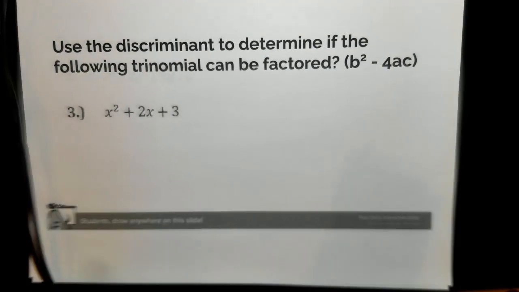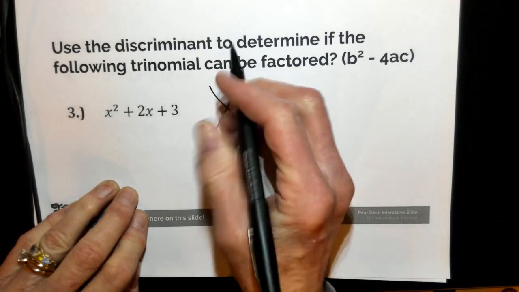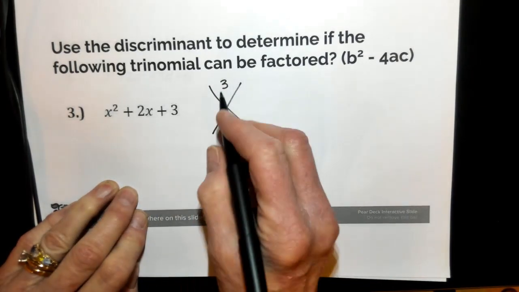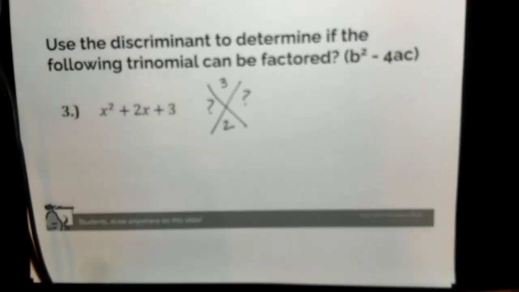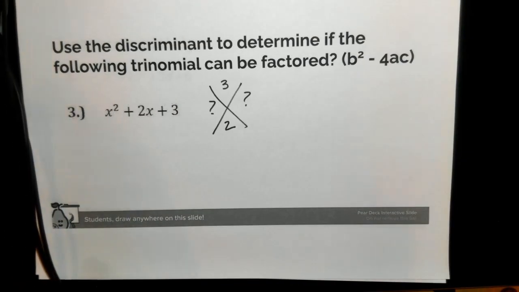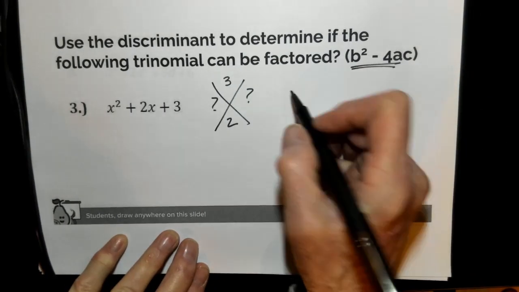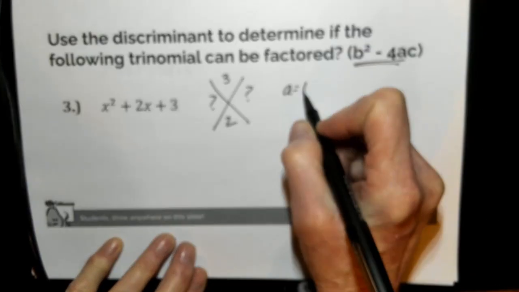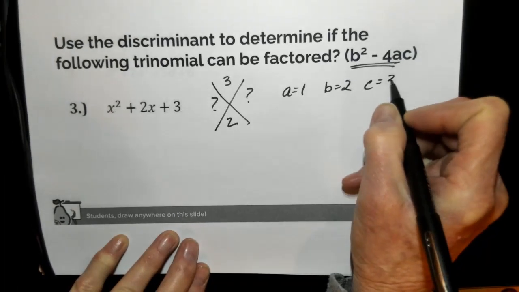Use the discriminant. Okay, so this is good to practice. Can you factor? Now, you might say to yourself, well, no, I can't. What are the factors of 3 that add to 2? There are none. But you can't just say something's prime. You have to prove it. So in order to prove it, we're going to use the discriminant. We know that A is 1, B is 2, and C is 3.